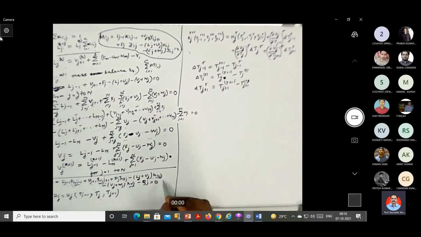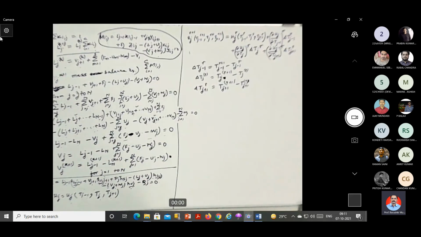And similarly, you look at other terms. HLj is a function of Tj as well as HVj is a function of Tj. So the derivative of delta Hj with respect to Tj is equal to minus Lj plus Uj into delta HLj over delta Tj minus Vj plus Wj into delta HVj over delta Tj.